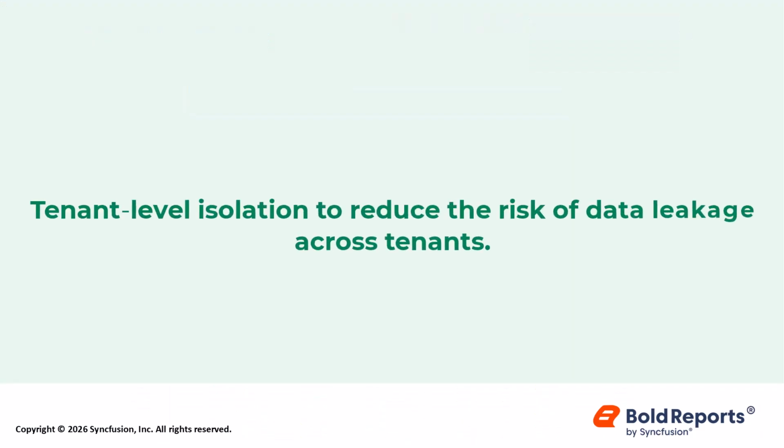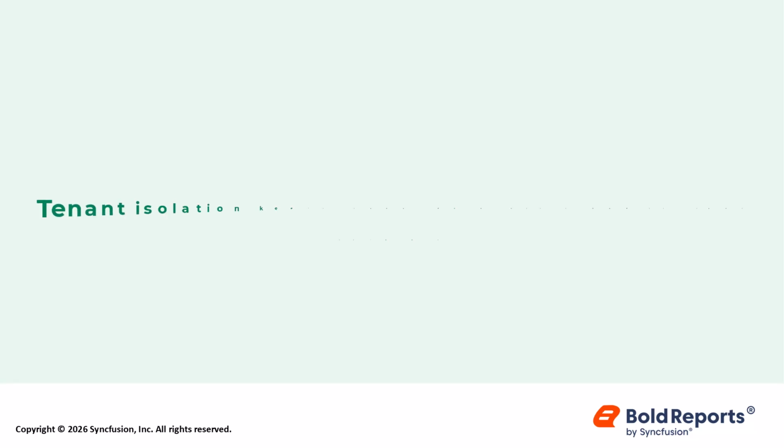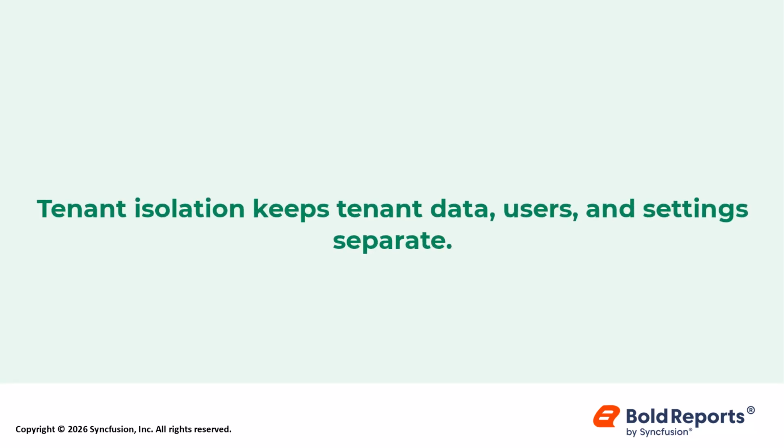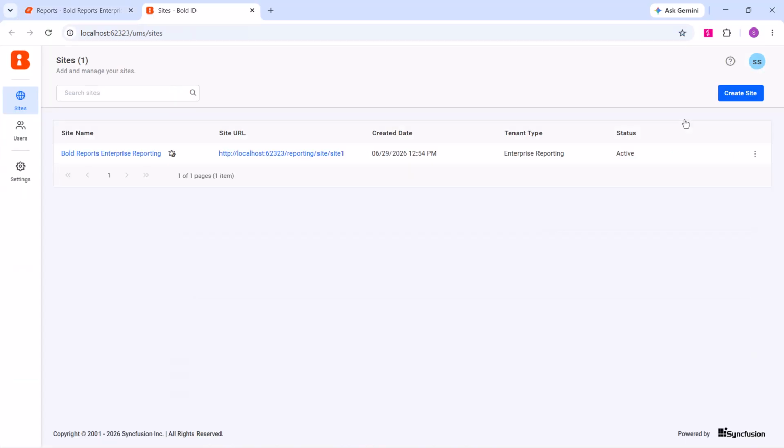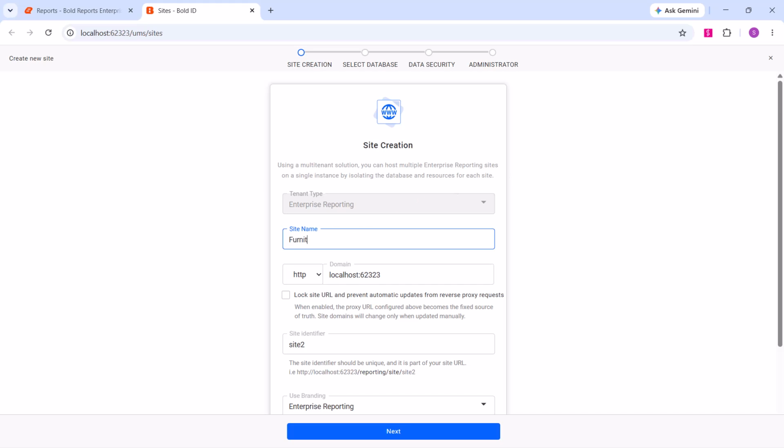Finally, let's implement tenant-level isolation to reduce the risk of data leakage across tenants. In Bold Reports, tenant isolation keeps each tenant's data, users, and settings separate. Put simply, row-level security protects the data within the report, while tenant isolation protects the reporting environment around it. In the user management page, I'll create a new site named Furniture Product.